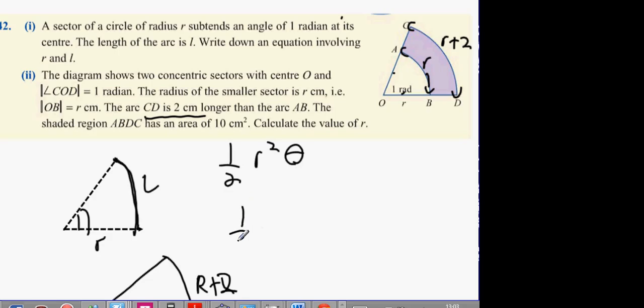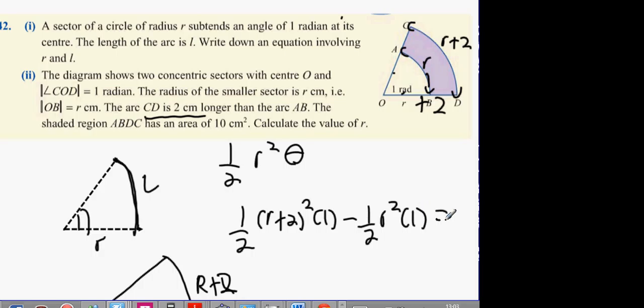The bigger one is r plus 2, so it's a half (r plus 2) squared times 1, minus the area of the small sector, a half r squared times 1, and all of that has to equal 10. Solve that equation. You guys can do it. Just multiply by 2, get rid of the half, square it out, quadratic formula. You'll be doing it in a second.